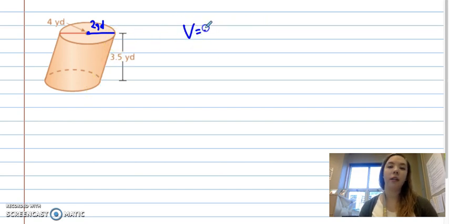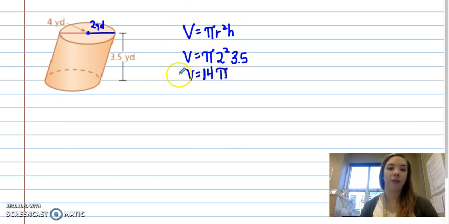So if our formula is pi r squared times height, our radius is 2 and our height is 3.5. Okay, so 2 squared is 4. 4 times 3.5 is 14. So 14 pi is our exact form.